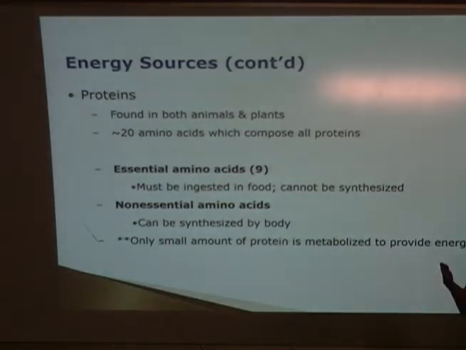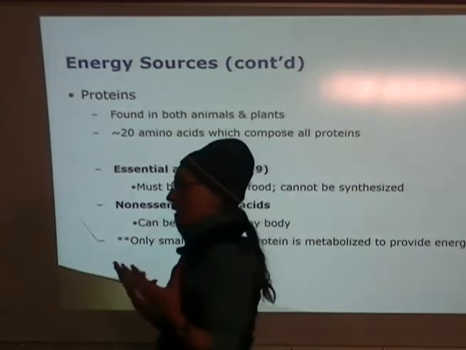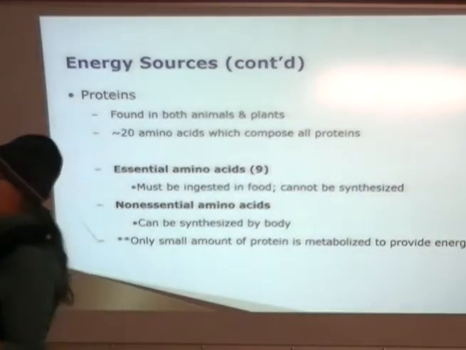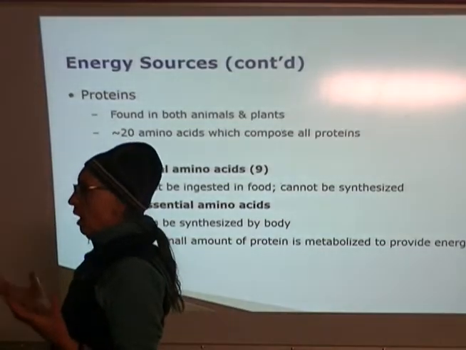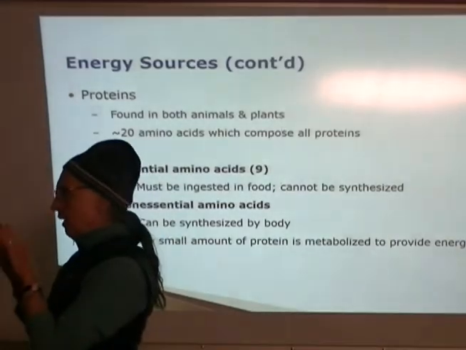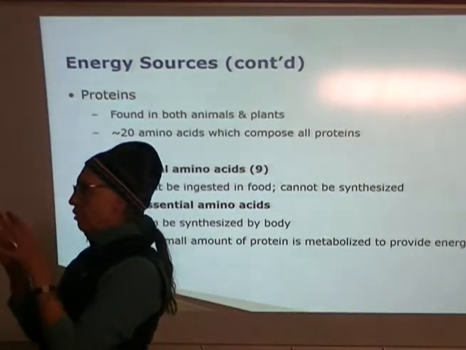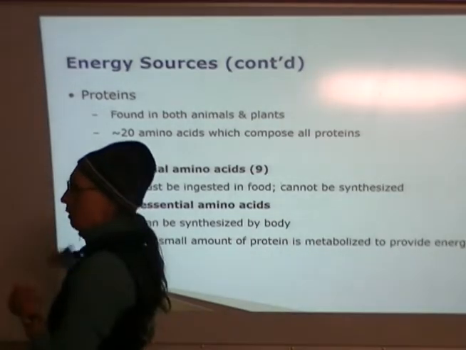So let me give you an example. If you run a marathon, okay, so let's say that's 26.2 miles, say it takes you 3.5 hours to run a marathon. About 5%, somewhere between 5 and 10% of the energy you need for 3.5 hours of running might come from protein.